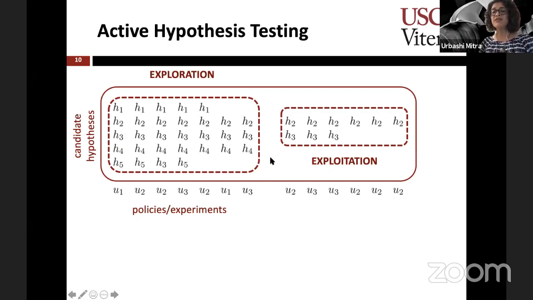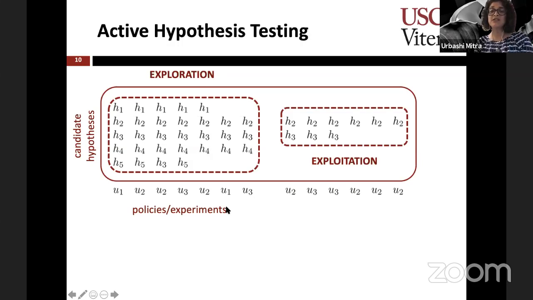As we become more confident, we're going to focus on the experiments in this picture, U3 and U2, which are going to give us more information or be more informative about here, the 2 choices that we have narrowed ourselves down to. So this dichotomy of processes is something that we call exploration and exploitation, and how we design strategies in these 2 different cases are going to differ.